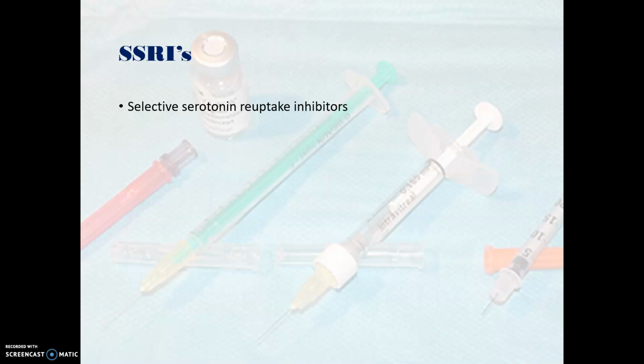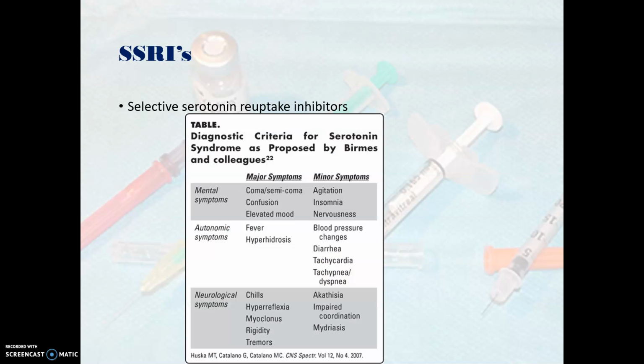So, let's think a little bit about the diagnostic criteria for serotonin syndrome. These can be divided into major and minor symptoms, and these symptoms may be mental, autonomic and neurological.